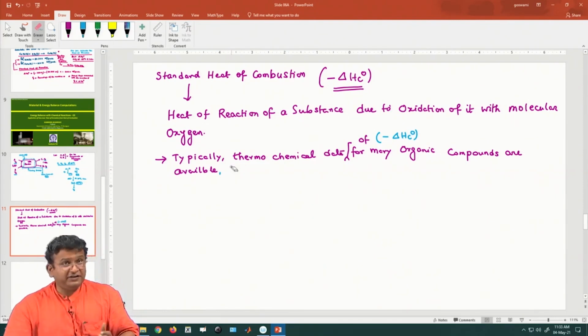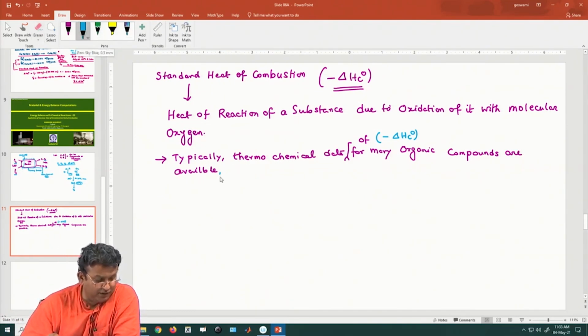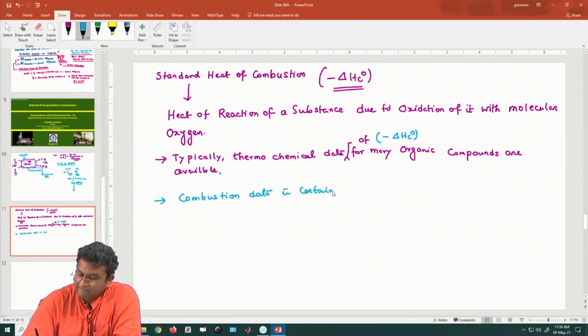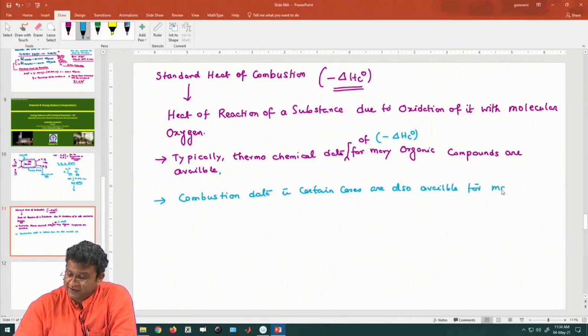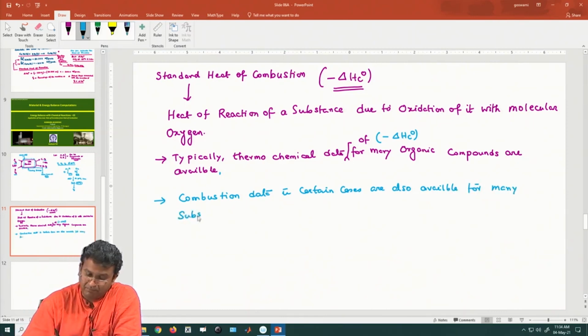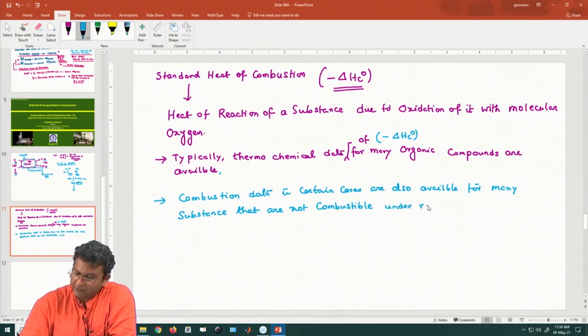However, for many of them the direct heat of formation data is not available. And very interestingly, combustion data in certain cases are also available for many substances that are not combustible under regular condition.